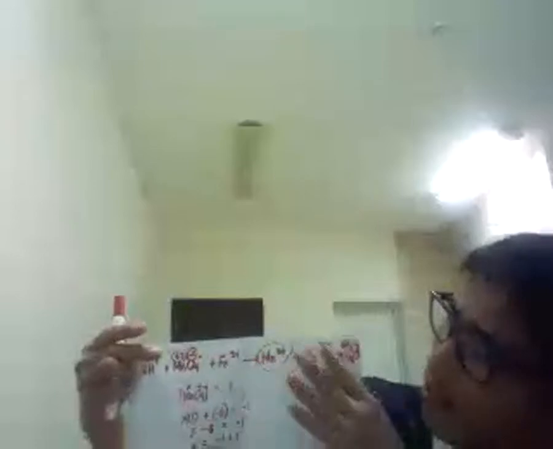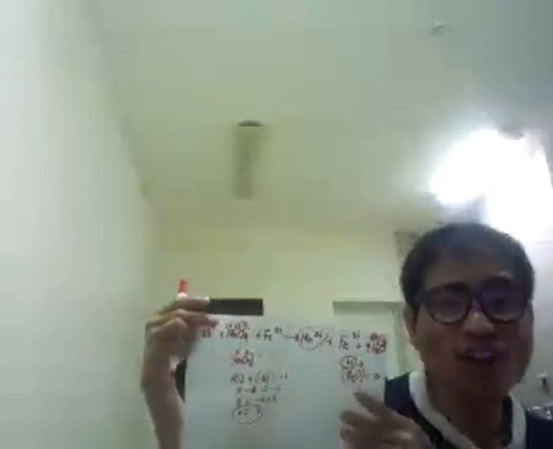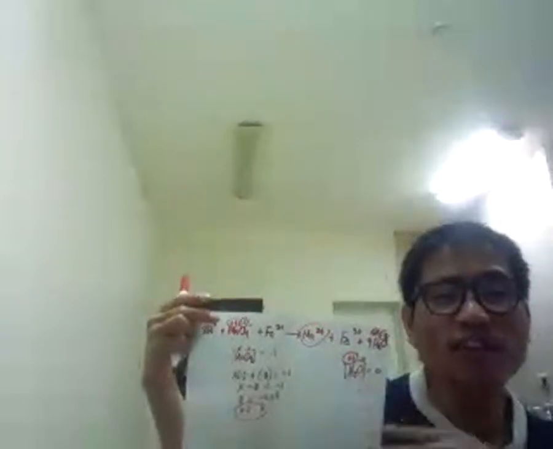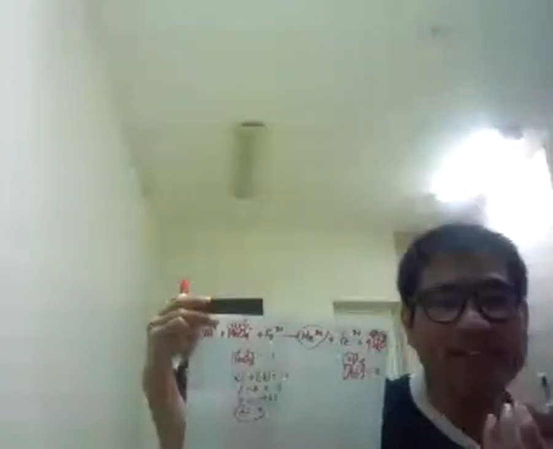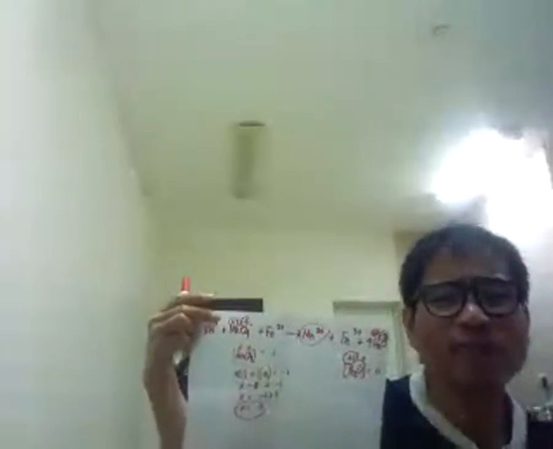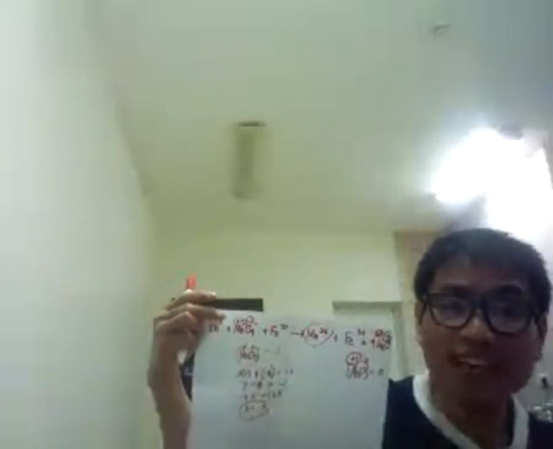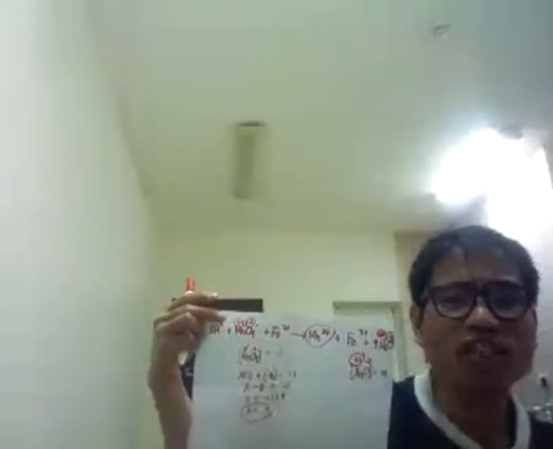Mn +7, Mn +2, so the oxidation number is reduced or decreases. So if the oxidation number is decreased or reduced, that is reduction.